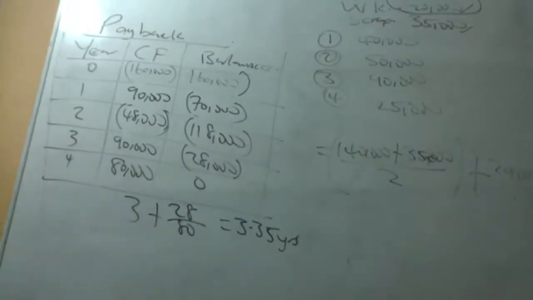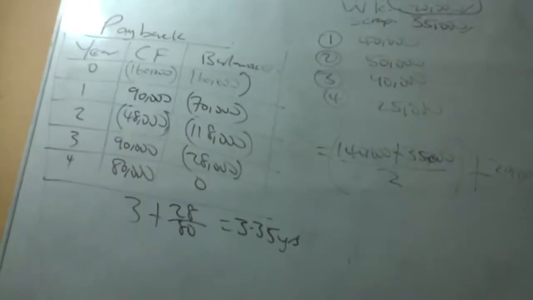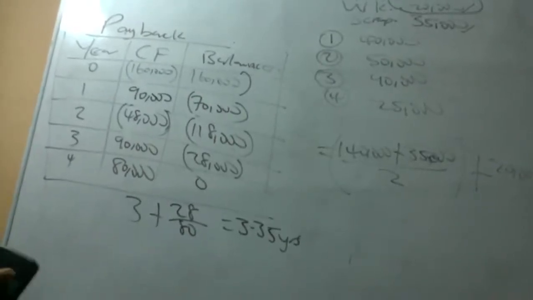Why year 4? Okay, yes, I get it. Year 4 is still 80,000.